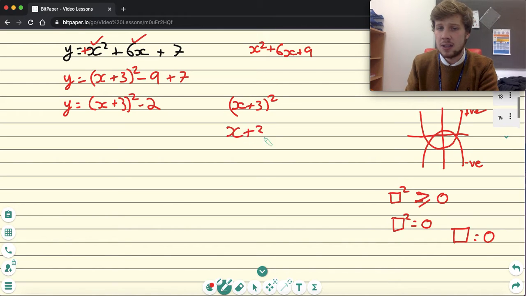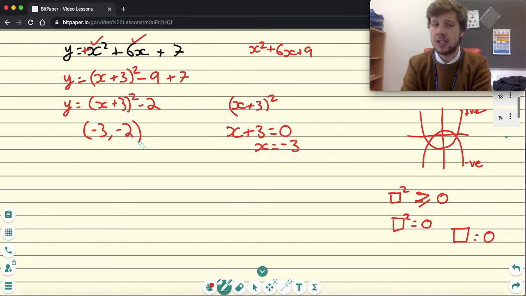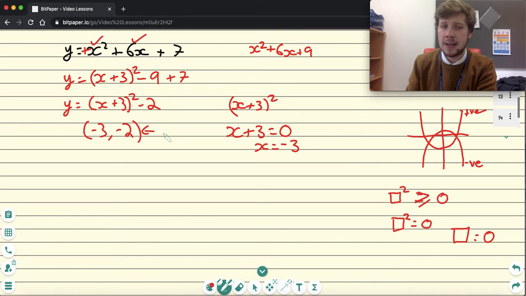I want that to be equal to 0. That means my x coordinate must be negative 3. When x is negative 3, this squared term is 0, so y is going to be equal to 0 take away 2. So my y coordinate is negative 2, and this is my minimum point.